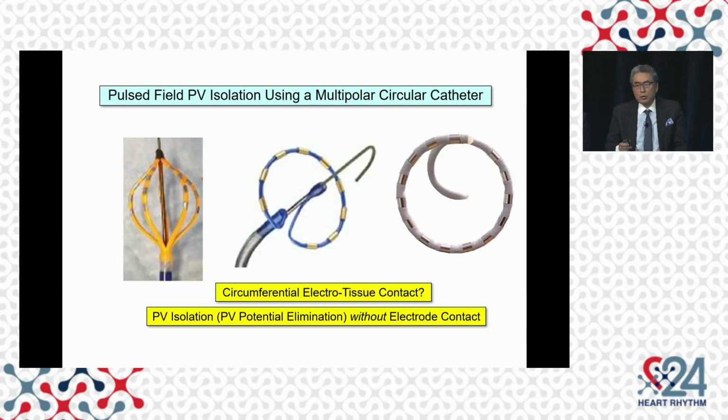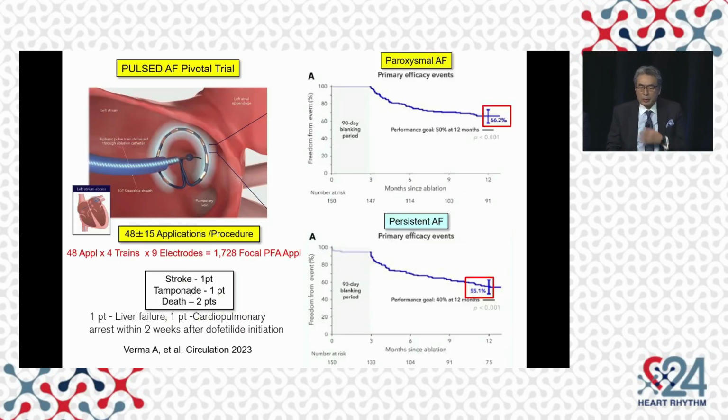So we know the circular catheter never has perfect circumferential contact. This indicates that PV potential elimination without electrode contact is feasible with a PFA application. So this is Dr. Reddy's one-year follow-up data published in Circulation last year.